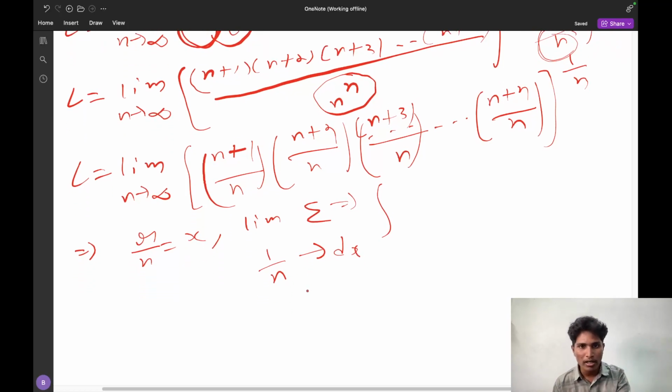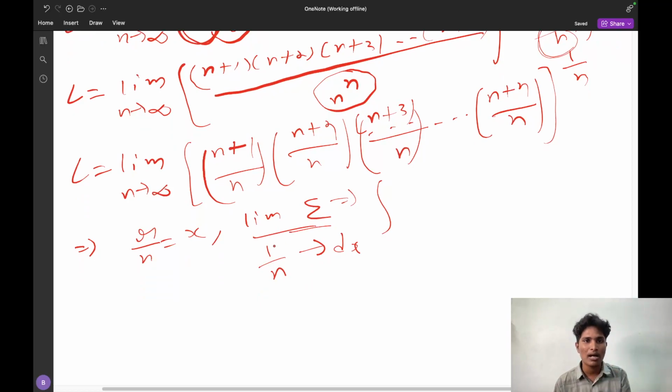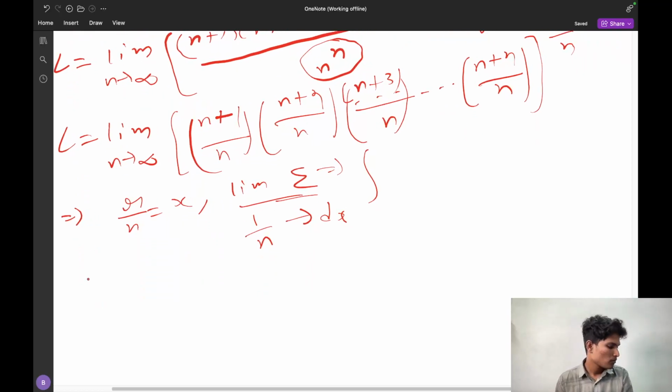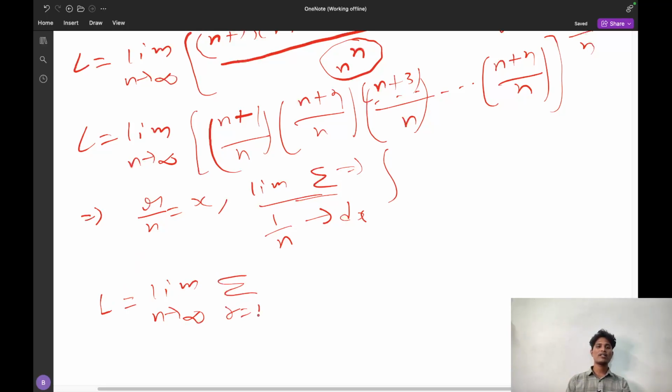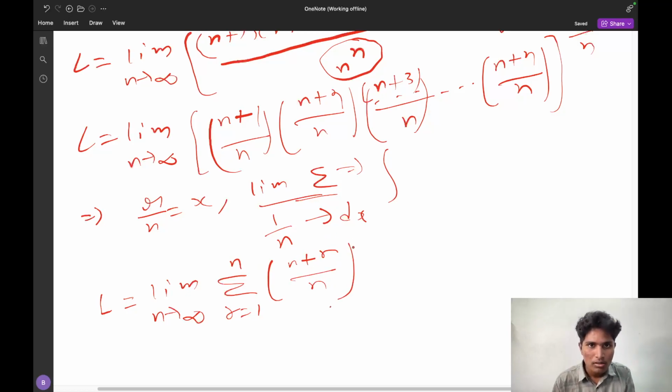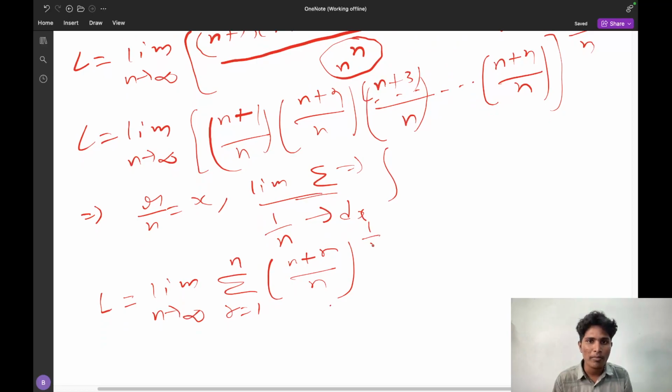So in order to give the sigma, what do we have to do? We have to arrange this entire thing: L is equal to limit n tending to infinity, product r is equal to 1 to n of (n plus r) divided by n, whole power 1 by n.